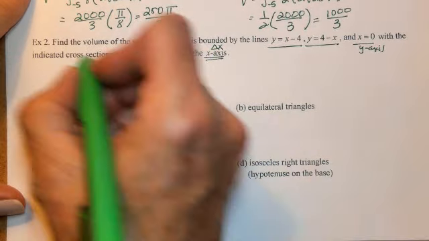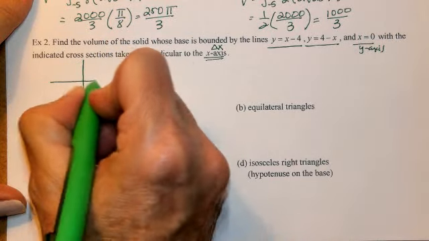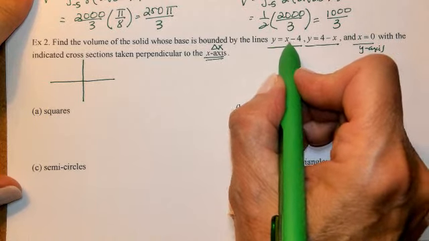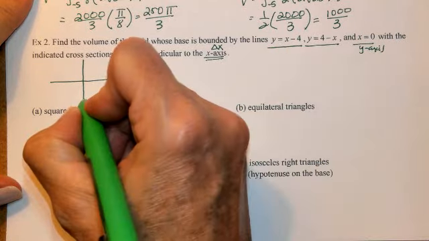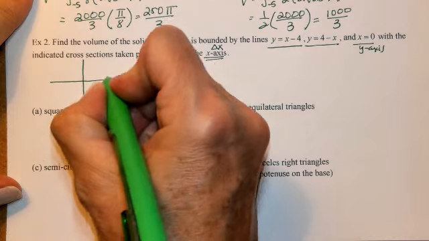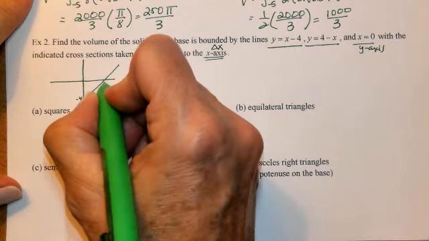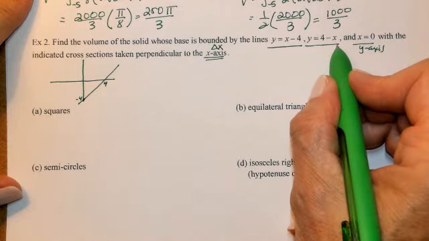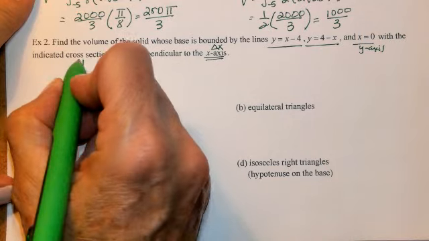So, let's sketch out what's going on here. Y equals x minus 4 is a line with slope +1 starting down here at -4. So this will be like that, right? Y equals 4 minus x is a line starting up at 4 with slope -1.